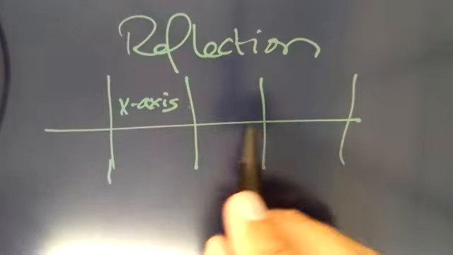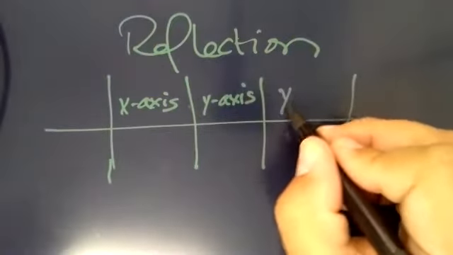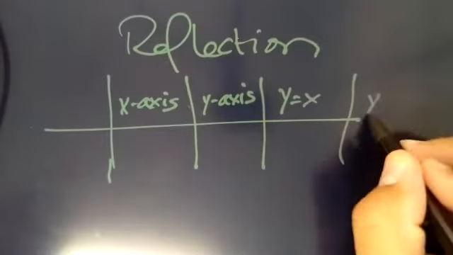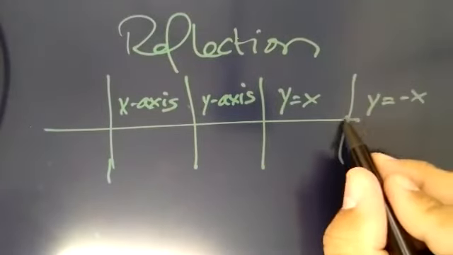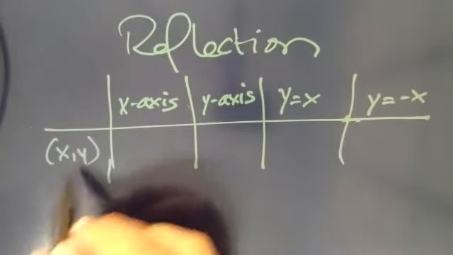Okay, x-axis, y-axis, y is equal to x, and y is equal to negative x. All right, and these are your coordinates.